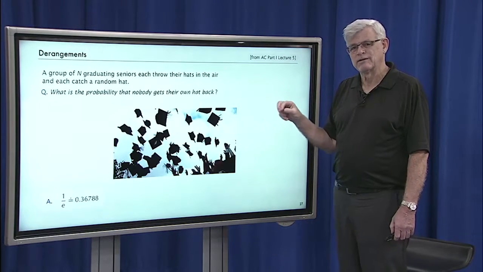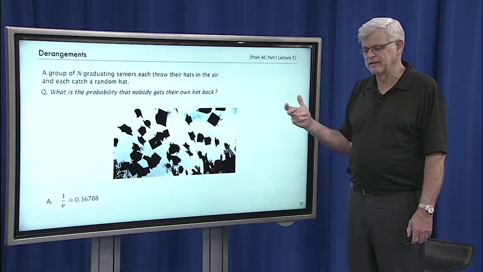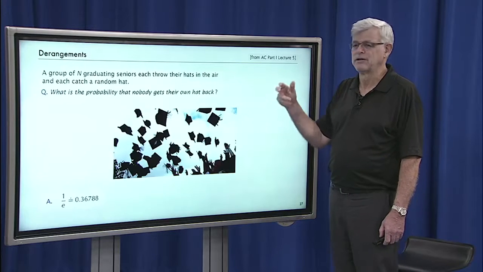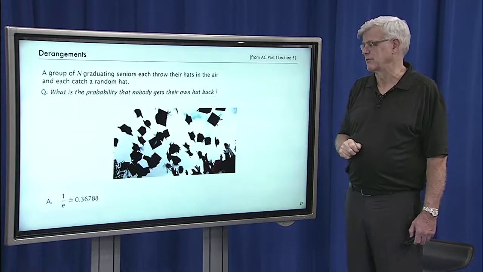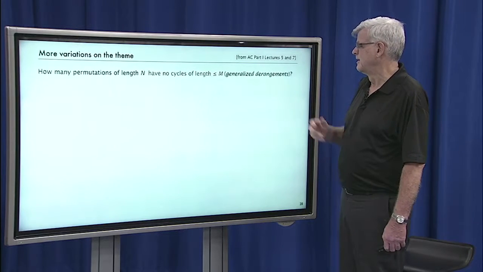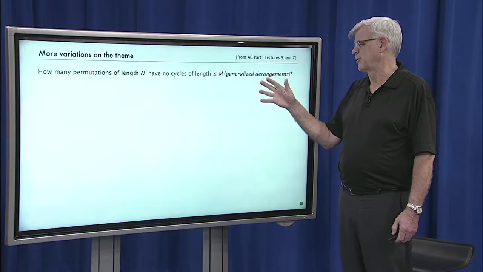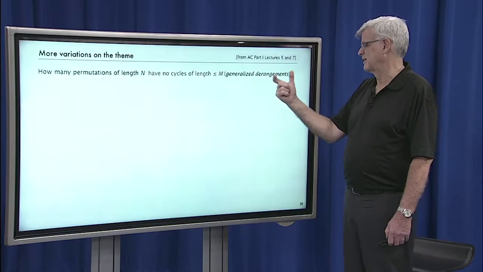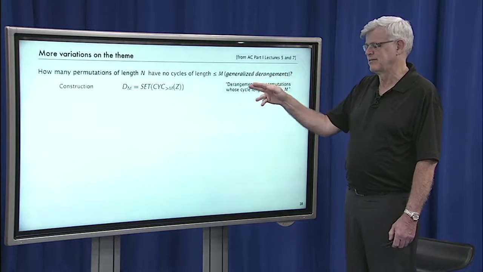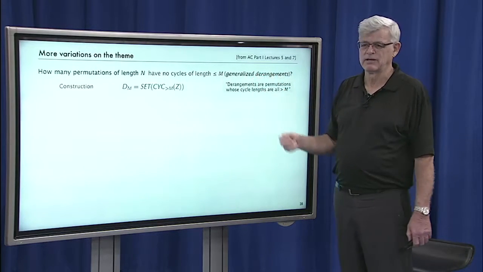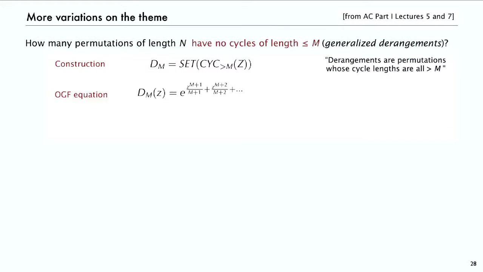From the standpoint of this course, what we want to take away from that is that a simple modification of a basic construction gives us an easy answer to this practical problem. And it generalizes. So how many permutations have no cycles of length less than or equal to m? That just generalizes the previous argument to put a bigger than m there and just leave off the smaller cycles.